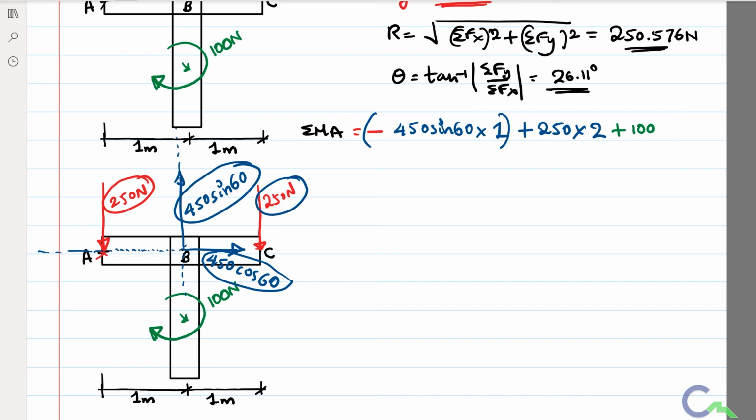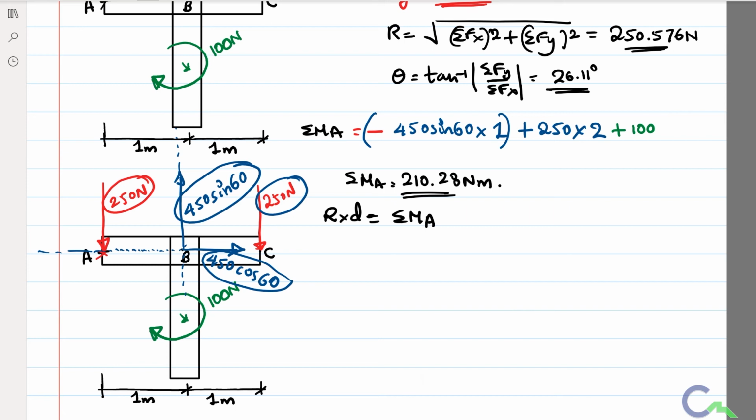So if I do the calculation, I will get sigma MA is equal to 210.28 Newton meter. So that is the moment value. Now using Varignon's theorem I am going to locate the resultant. Varignon's theorem is moment of the resultant is equal to summation of moment of all the forces.